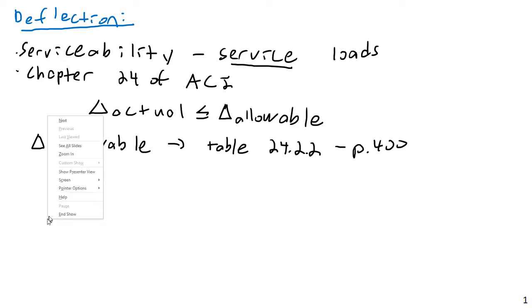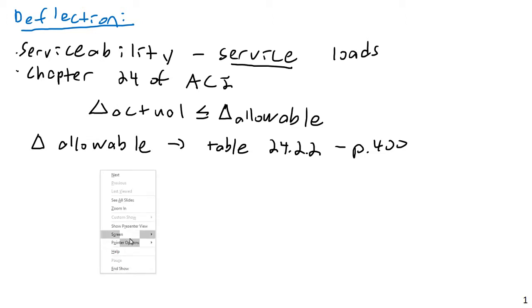Something else we need to keep in mind for deflection is that for steel, there's only one form of deflection. We don't talk about immediate versus long-term deflection. But concrete, as we've discussed, is kind of a lazy material. It creeps, it shrinks, it sheds load, etc. And so there is immediate deflection, which is, well, immediate.